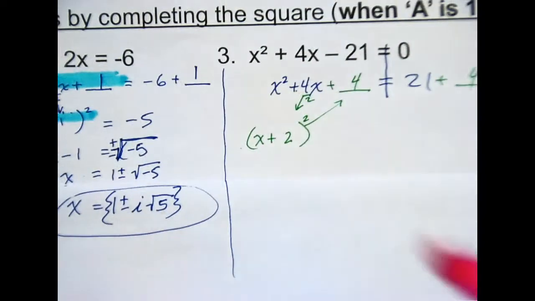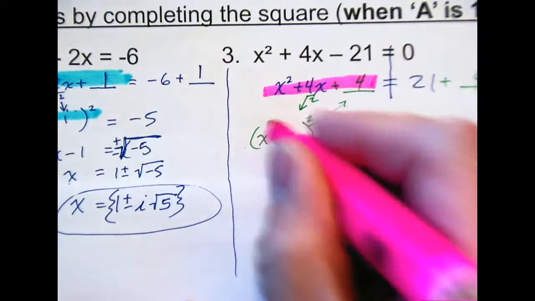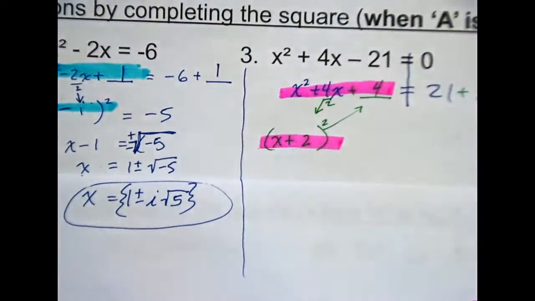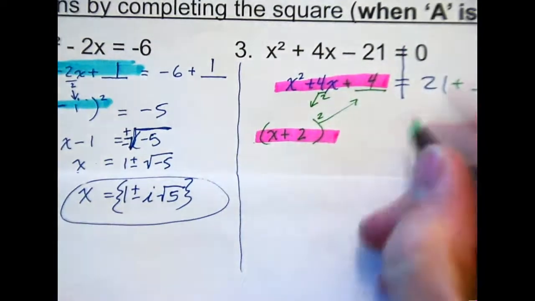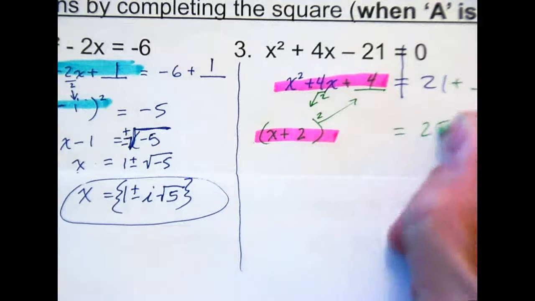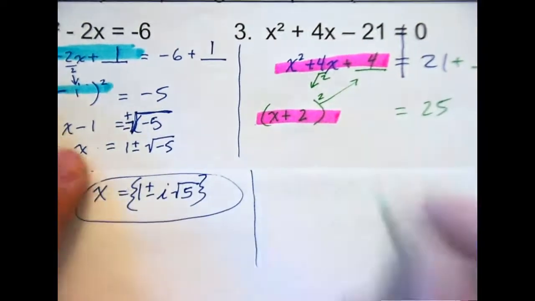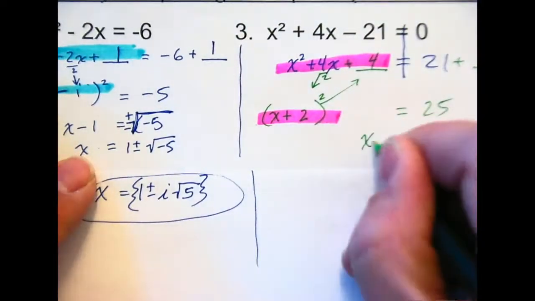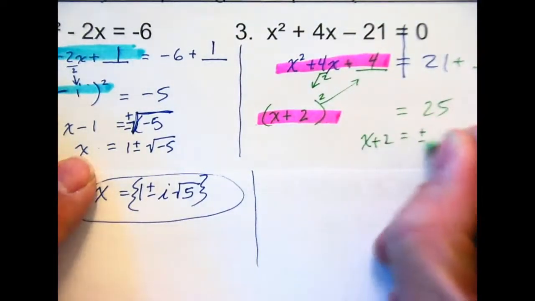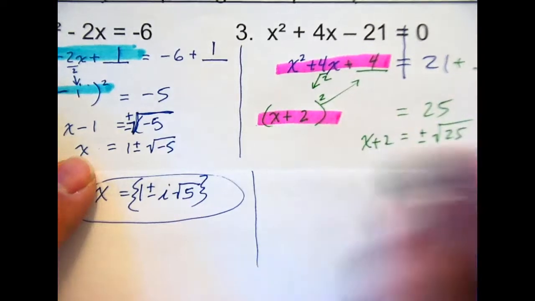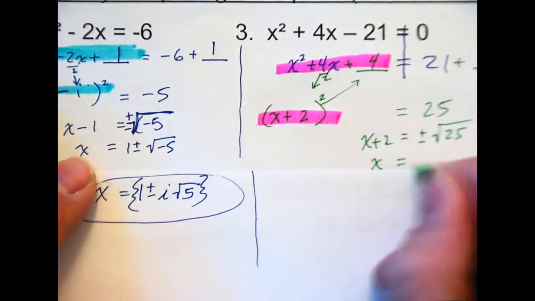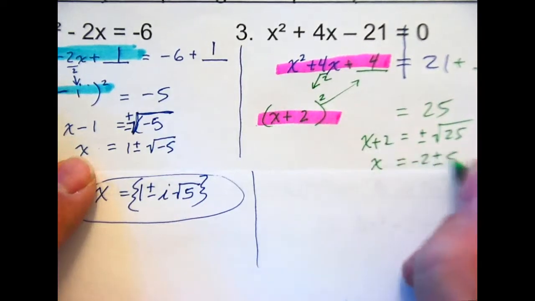So recalling, this thing has now become this. Okay, so we have x plus 2 quantity squared equals 25. Take square root, x plus 2 equals plus or minus root 25. Subtract 2, x equals negative 2 plus or minus 5.